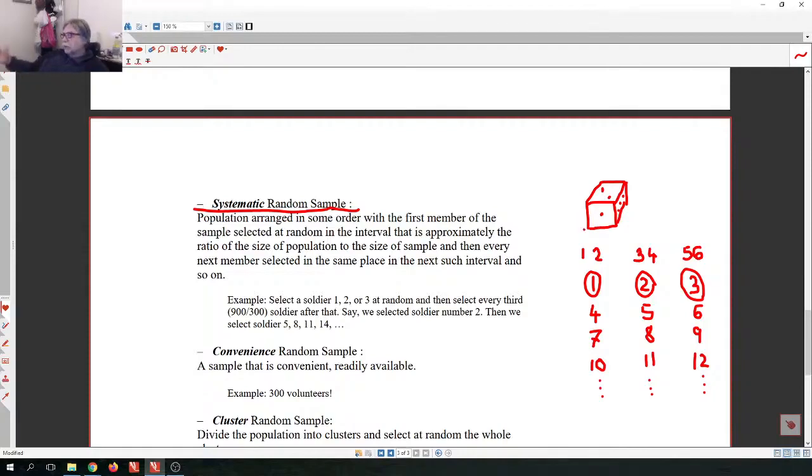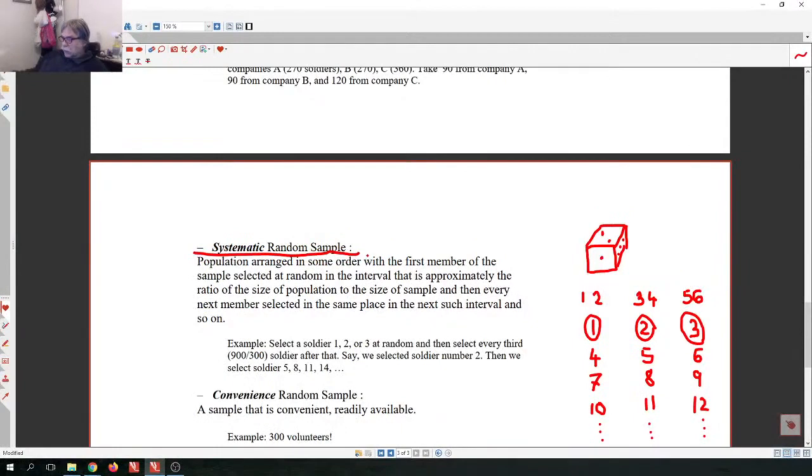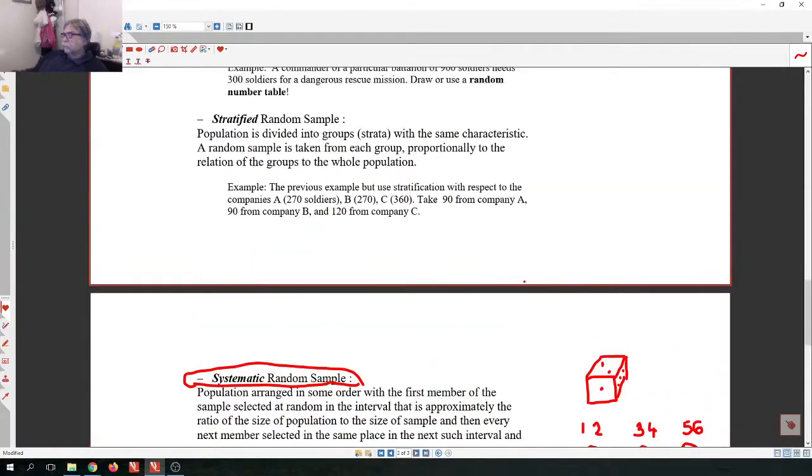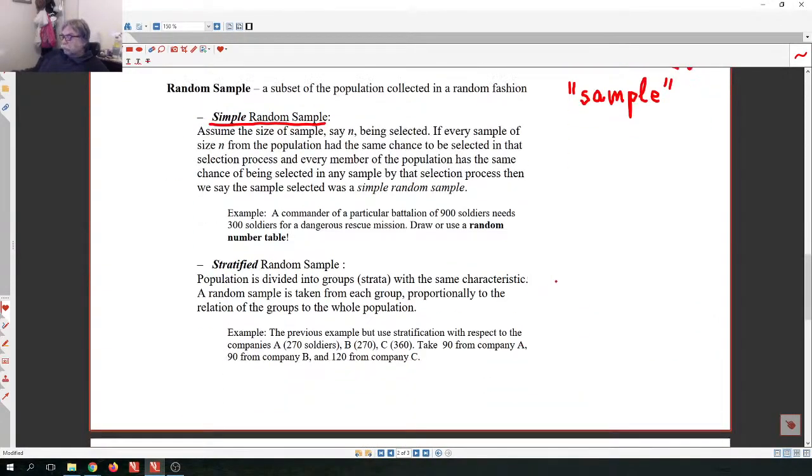And you will always end up with what you wanted, but it isn't going to be a simple random sample. It is what we call a systematic random sample. Next, the best thing to simple random sample. You could also select something that we call stratified random sample.